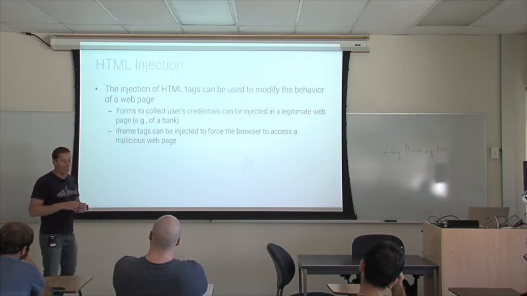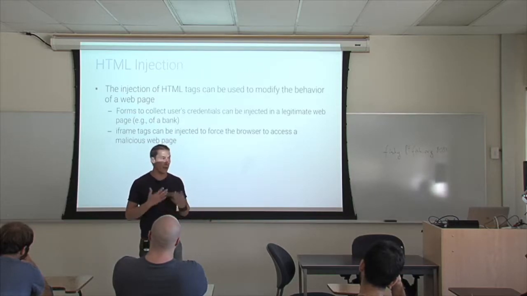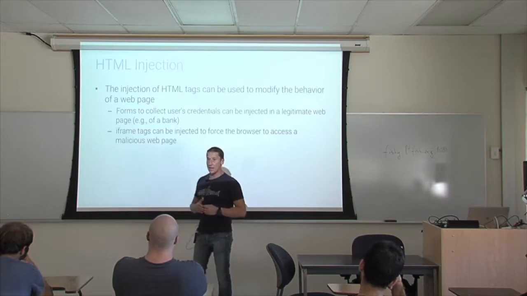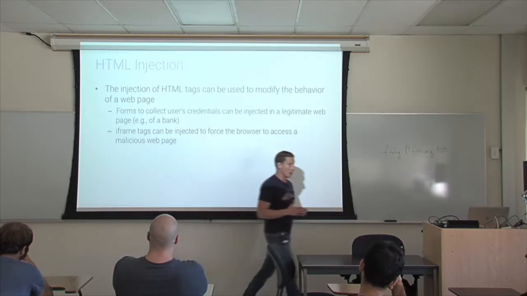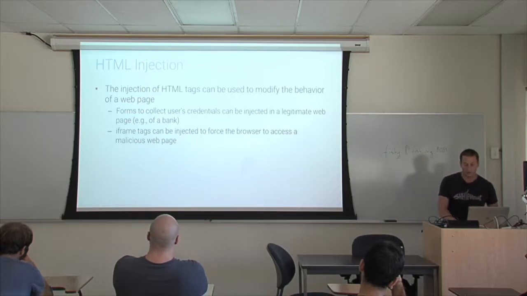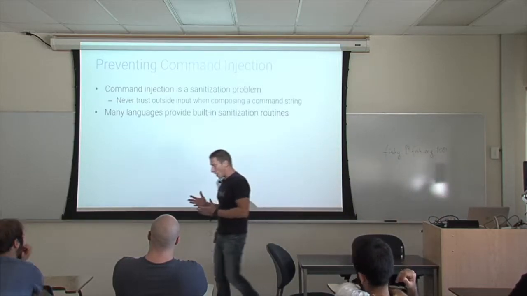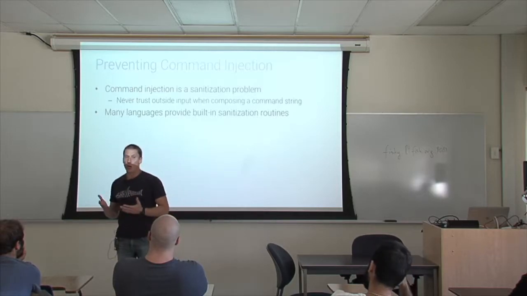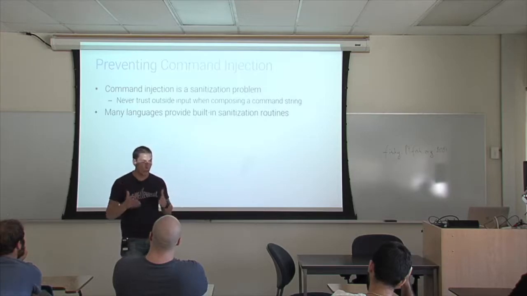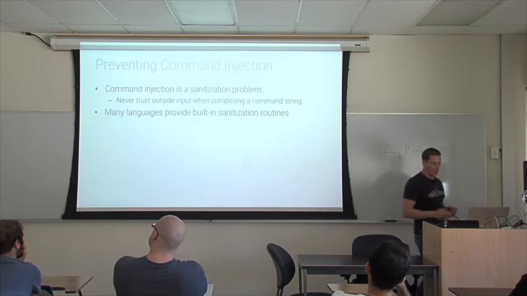You can inject forms to dupe users into providing sensitive information, or you can insert an iframe tag, and so you can force people to, or trigger, the download of a site under your control. In general, all these forms of common injection or inclusion are a sanitization problem. You don't want user-provided data to reach a sensitive location. And this is something that we will see over and over again.